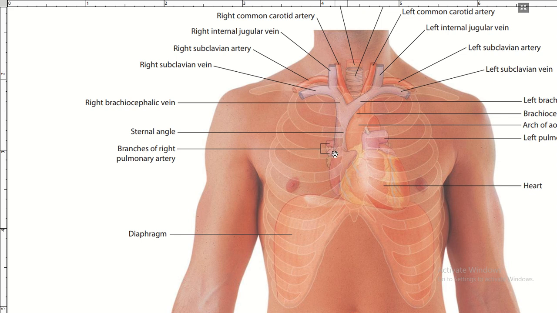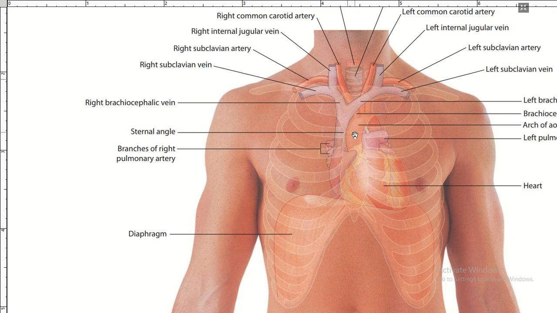If one of the structures enlarges, it is going to compress other structures. Let's say there is an aneurysm of the aorta. When the aorta dilates, it is going to compress all these structures, right?